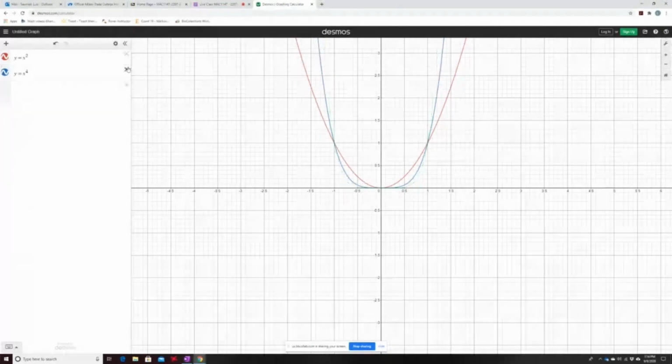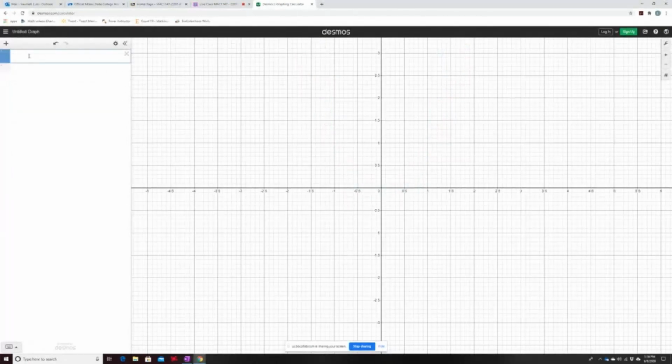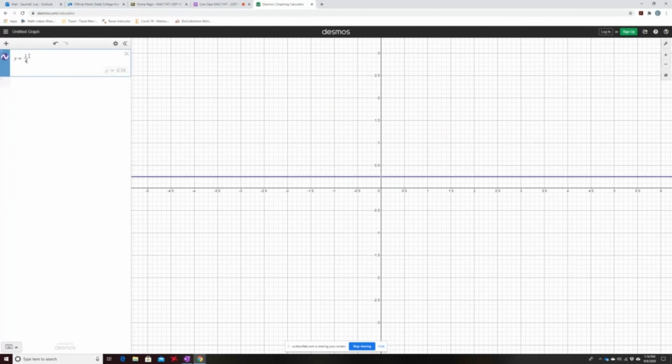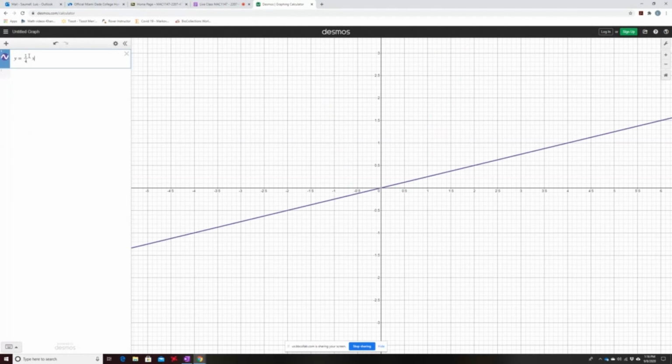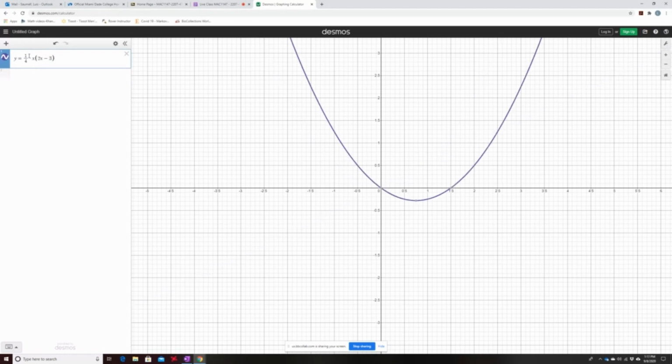So let's do that one. The other function was y equals 1/4 times x, then (2x minus 3), and then what was the power?